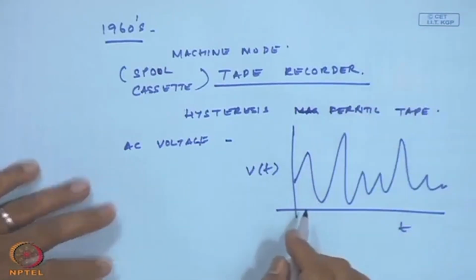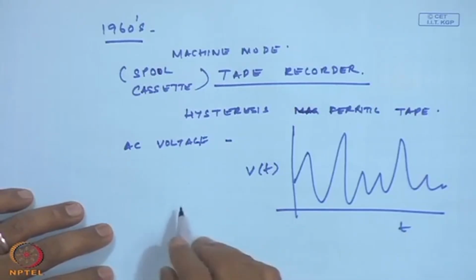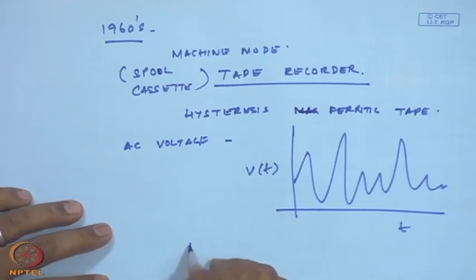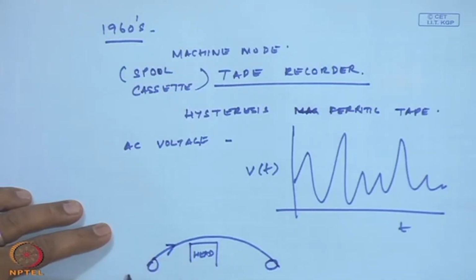Now, because of this varying voltage, there will be a magnetic flux created when the signal is recorded through the head of the tape recorder. So, we have a magnetic head, and then the tape is made to go at a particular speed, okay, between the take up spool and the home spool.